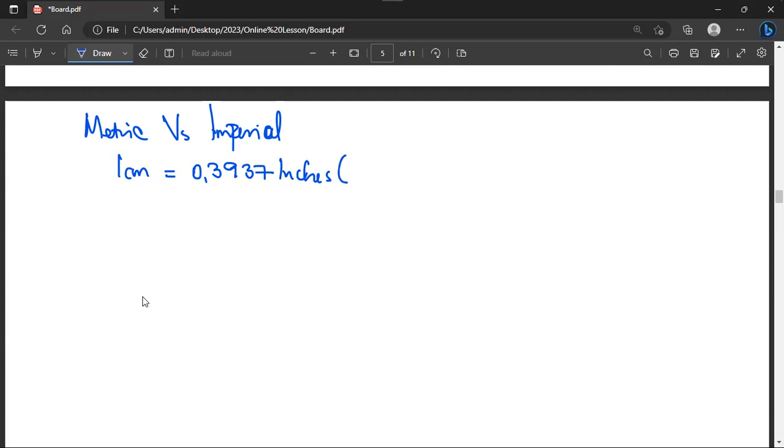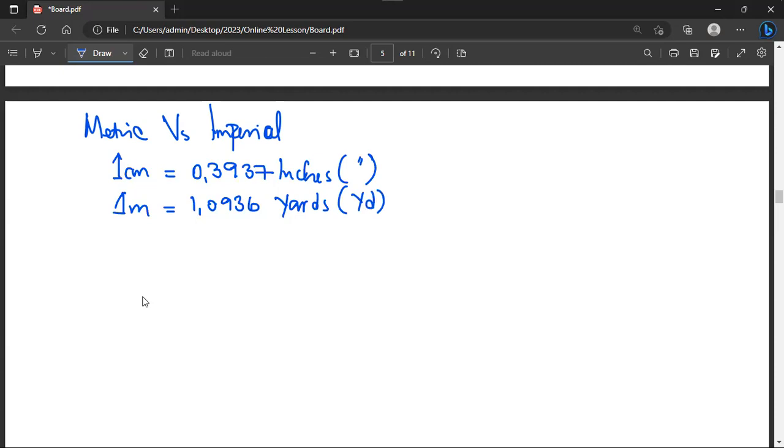Symbol for inches, we put 2 quotes. Then we go to the second one, which says 1 meter is equivalent to 1,0936. These are yards. Shortcut for yards, it's YD.